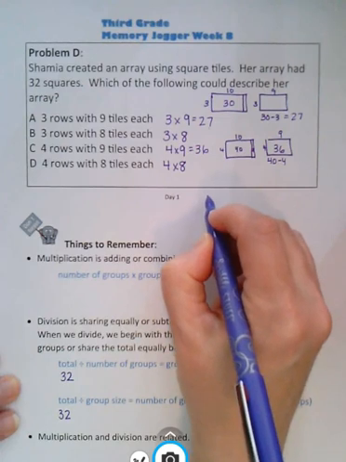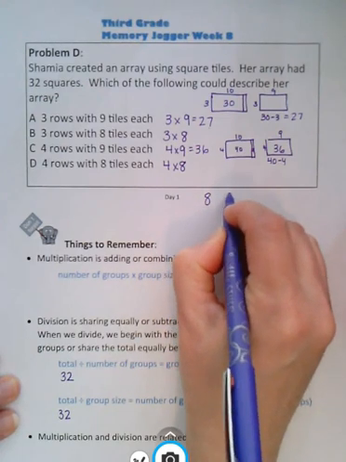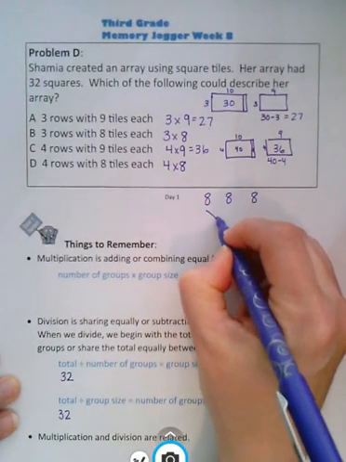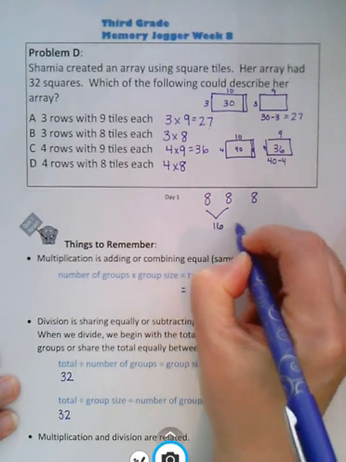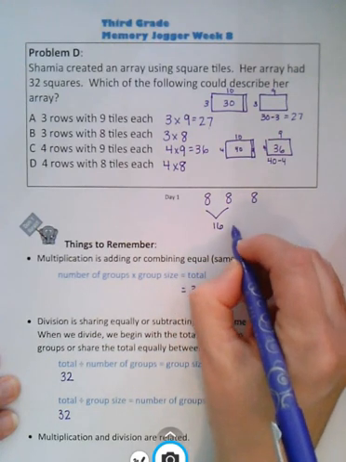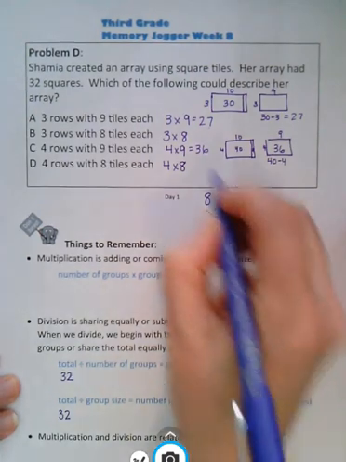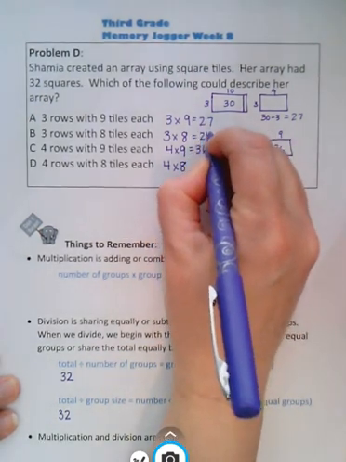If you know your facts, you can just write it down. But if you're not quite sure, I'm either going to have 3 8s or 4 8s to make my 32. If I put 2 8s together, that's 16. And then if I add 8 more to 16, that would be 24. So 3 times 8 is 24.